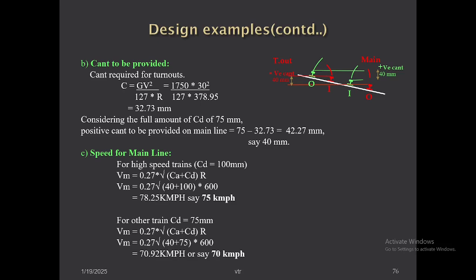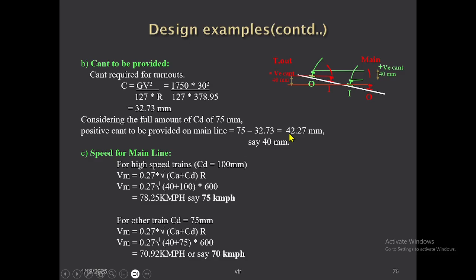But at the same time, we can permit negative cant on the turnout side, duly availing the cant deficiency. In that case, the maximum cant deficiency that can be availed is 75 mm. So 75 mm minus the 32.73 mm equilibrium cant, we can provide a negative cant of 42.27 mm on the turnout side.